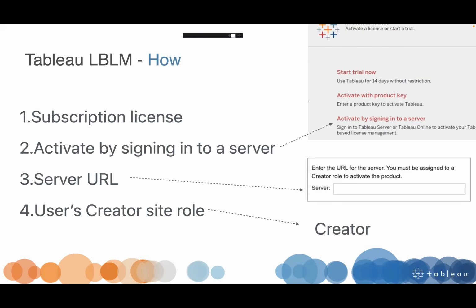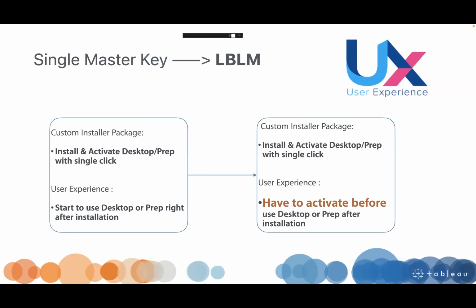And then they have to give a server URL. And they have to have a site role on the specific server as a creator before they can use it. So how can we make this whole user experience better? When I say better, what does it mean?